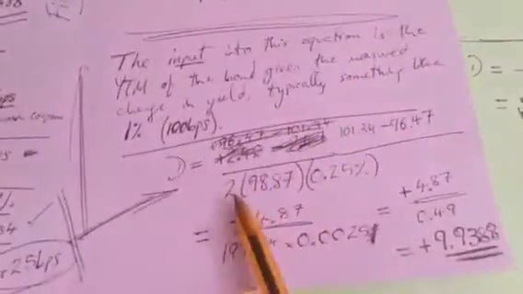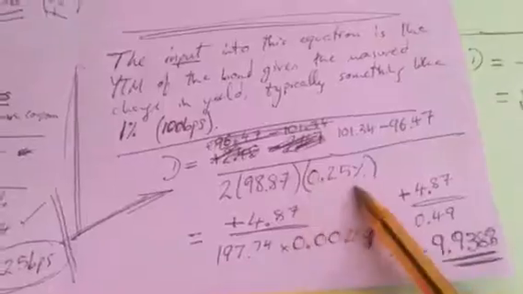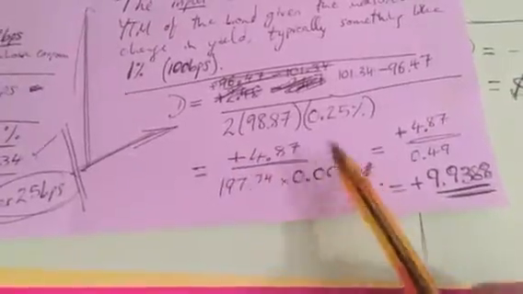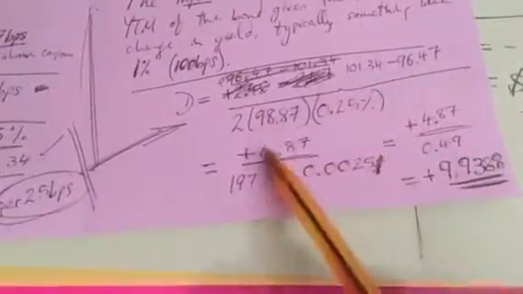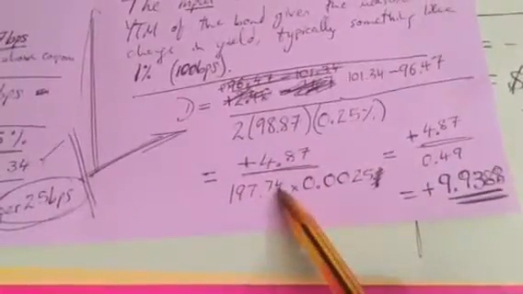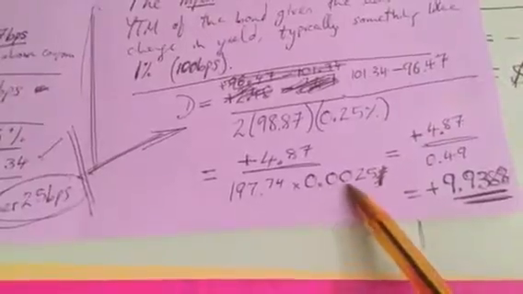We're going to divide this by 2 times the original price, $98.87, multiplied by the change in yield which we are measuring, which is 25 basis points. So as we come down, the difference is $4.87. We're going to divide that by 2 times the original price, multiplied by a rate of 0.0025, 25 basis points.